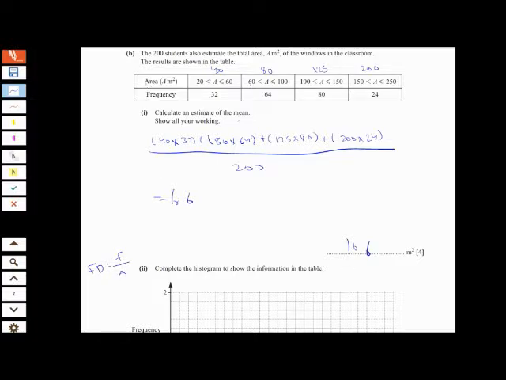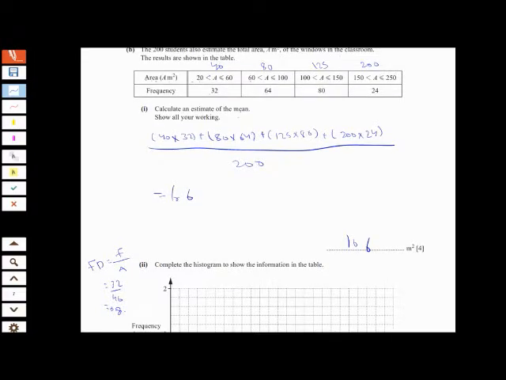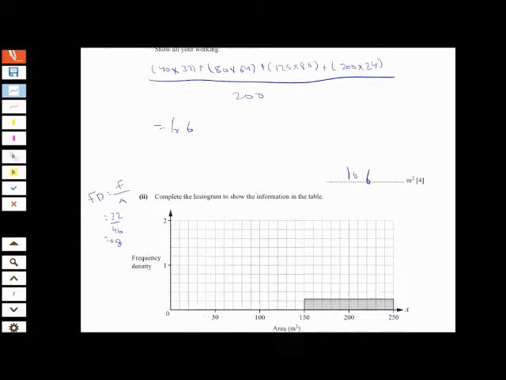So for the first one, it's actually 32 over 40, which is 0.8. And do this for all the columns here. This is for the first one, which is 0.8. It's somewhere here.